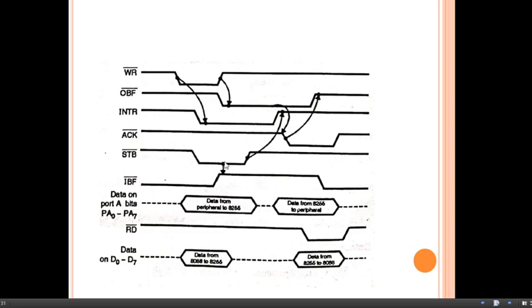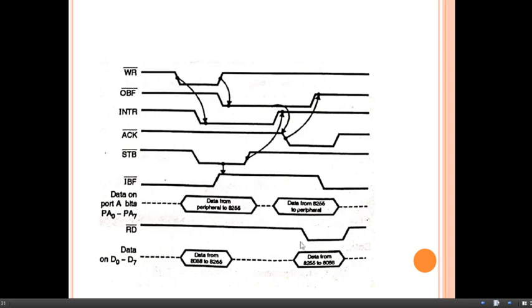Then when the strobe signal is activated, in response to that the IBF signal is also made high. Here the data from peripheral to 8255 is sent, and the data from 8255 to peripheral is sent in that case.